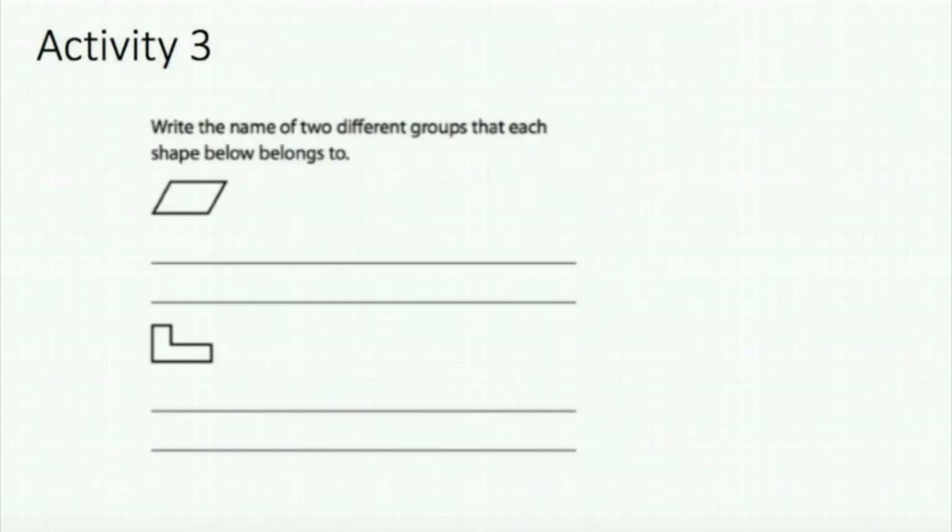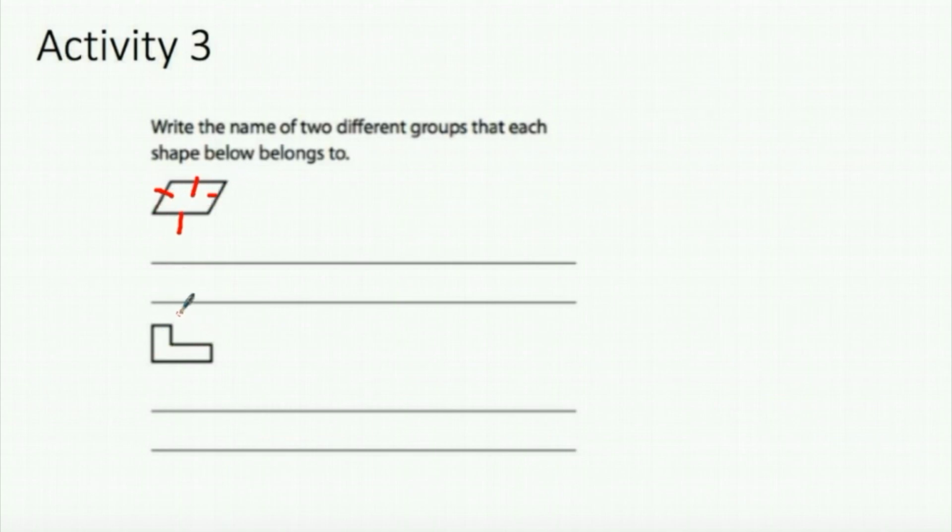Okay, looking at the last part of activity 3, write the name of 2 different groups that each shape below belongs to. Now again, you can go back to the beginning of this or go to the packet if you don't remember. But I want you to think about the sides and the angles.